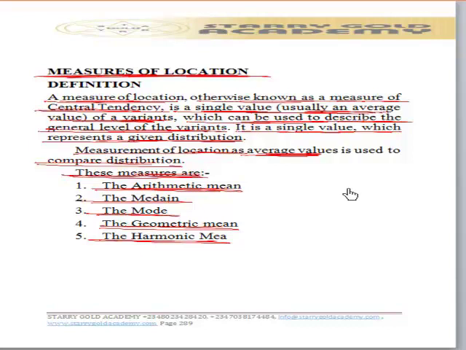When a statistical data is given, we may be required to compute all these statistical measures, so as to get an appropriate value that can really explain the data given.